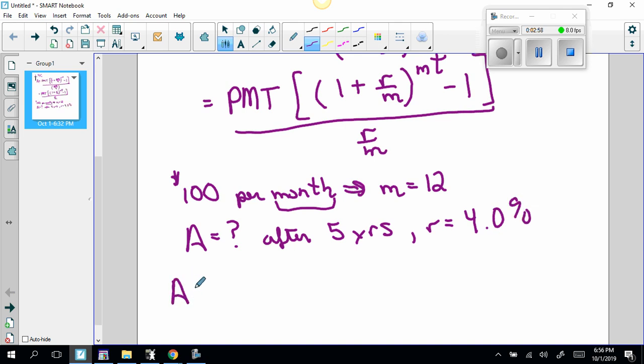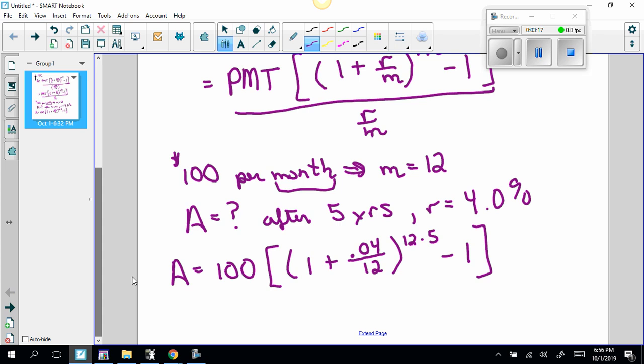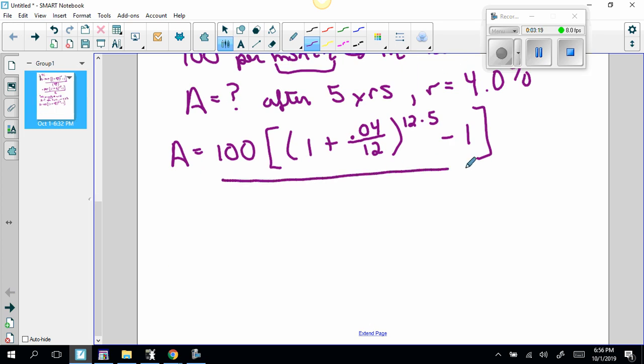So answer is 100 times 1 plus the decimal version of the percentage divided by 12, to the 12 times 5, minus 1, all over 0.04 divided by 12.